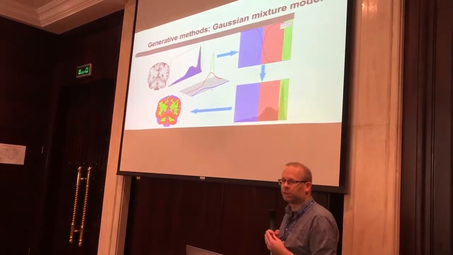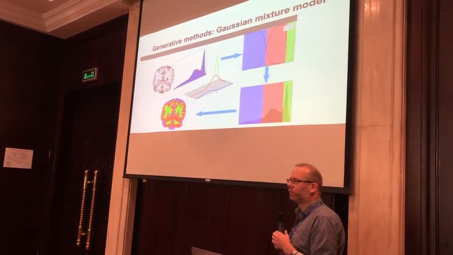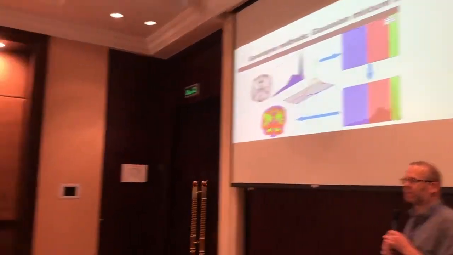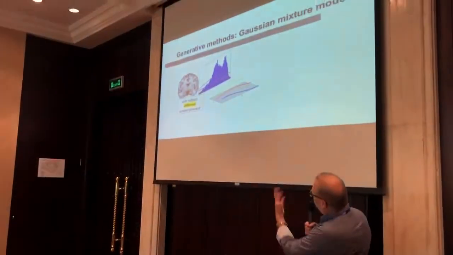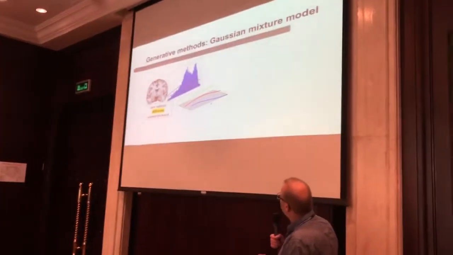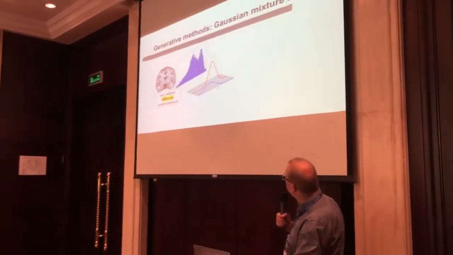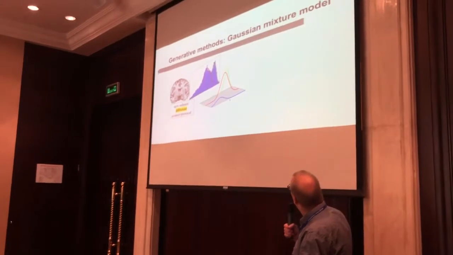Right? So, who has ever implemented an EM algorithm to fit a Gaussian mixture model? Okay, most people, some not. And so the whole trick, of course, is that now you get some different data, maybe a T2 weighted scan, and you just repeat the process. You fit the model to a specific patient.